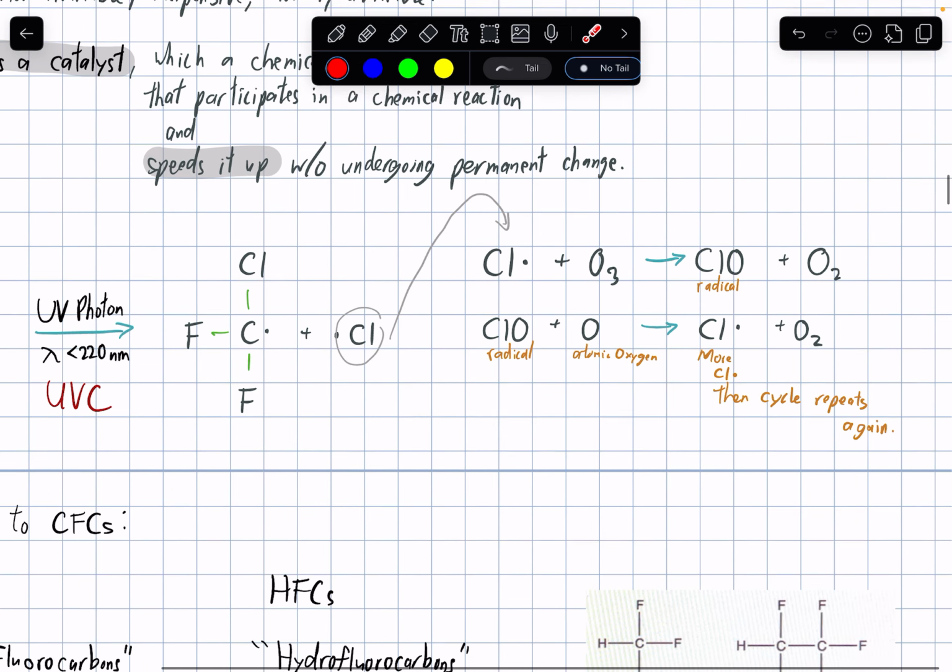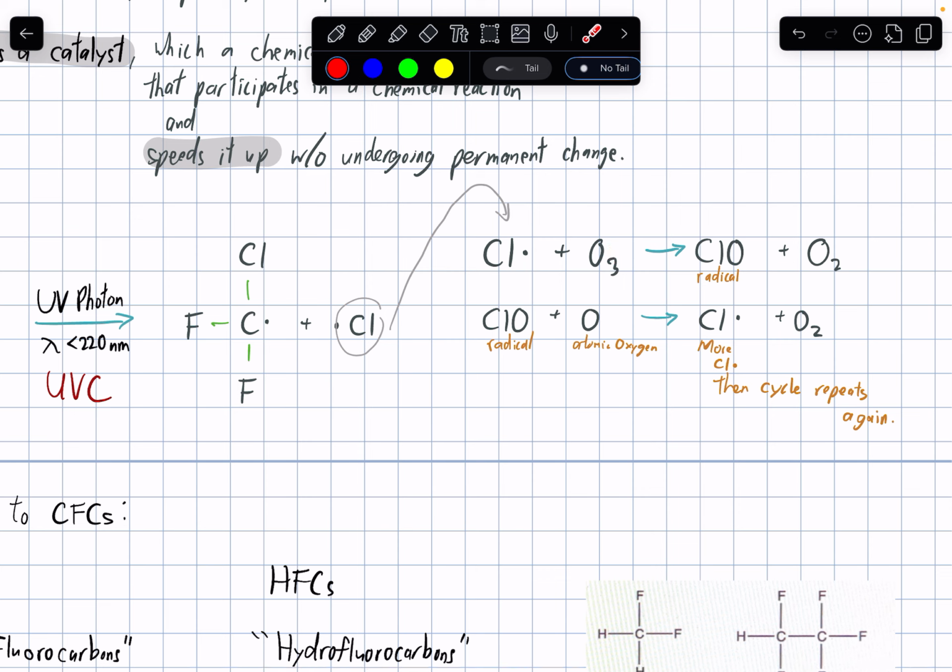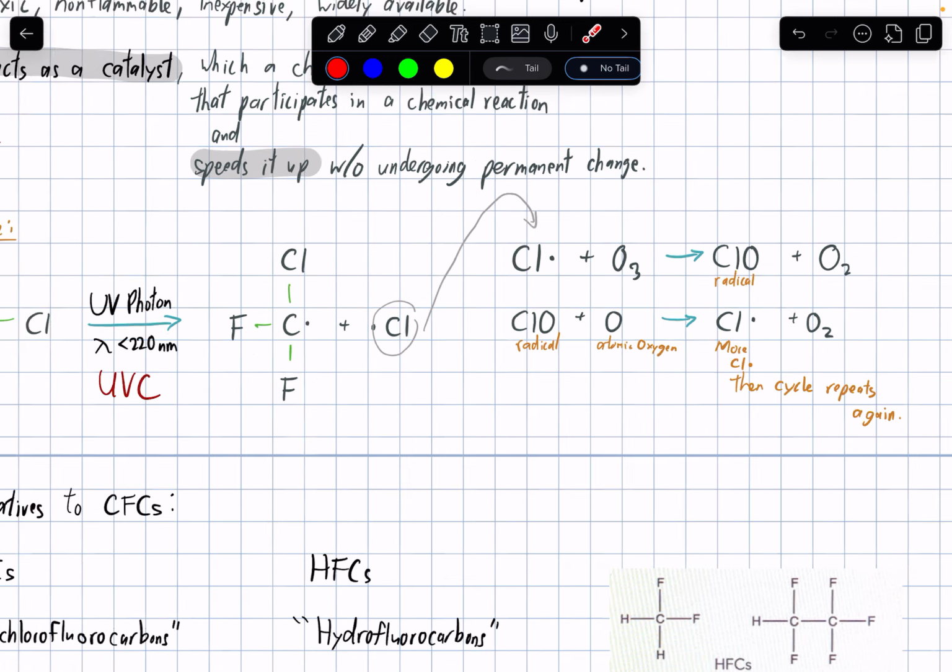This atomic chlorine, together with ozone, produces this radical and oxygen, and that radical combined with an atomic oxygen produces more atomic chlorine. Then basically the cycle just repeats.